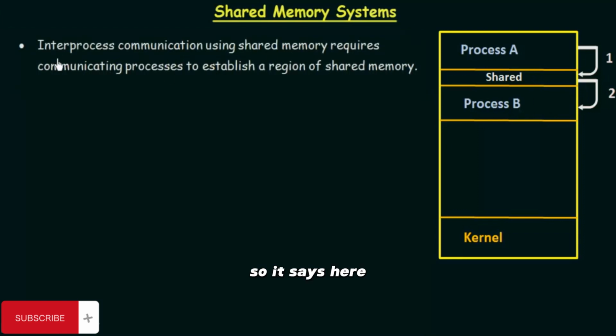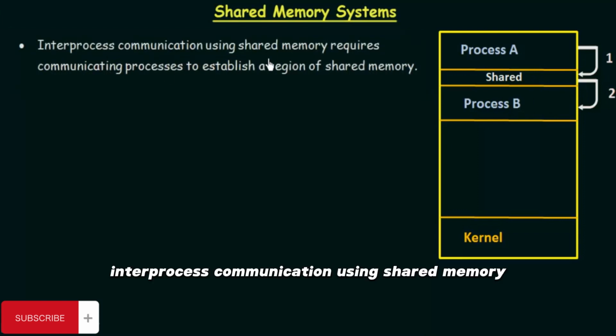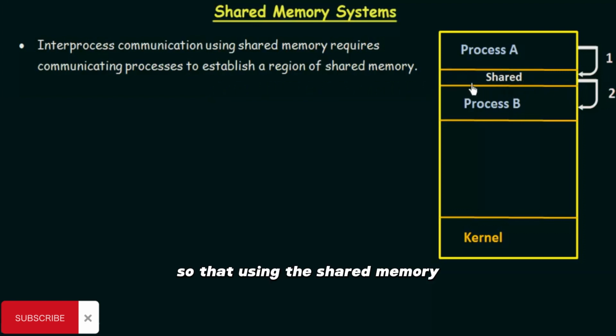So it says here, interprocess communication using shared memory requires communicating processes to establish a region of shared memory. That is what I just told you. Whenever process A and process B, or two or more processes, want to communicate with each other using the shared memory system, they need to establish a region of shared memory, like the one shown in this figure, so that they can communicate with each other.